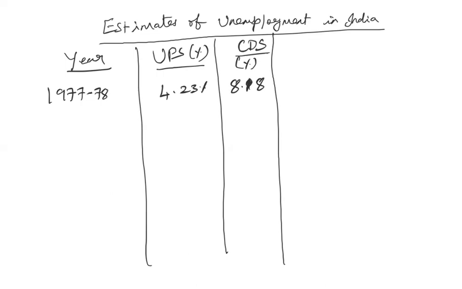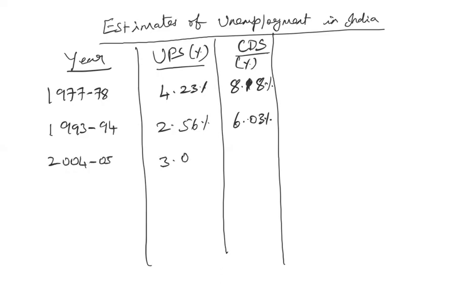Always current daily status will show a higher rate than the usual principal status, because nobody will remain unemployed for a long period of time, compared to daily status. So this decreased to 2.56 in 1993-94, and daily status decreased to 6.03%. And in 2004-2005, it again increased to 3.06%, and daily status increased to 8.28%.